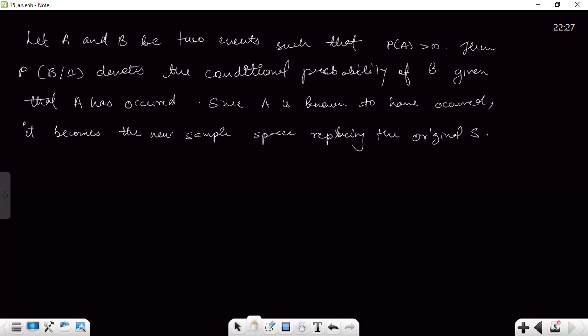From where we can write that the probability of event B given that A has taken place is the probability of event A occurring simultaneously with B divided by the probability of event A taking place.